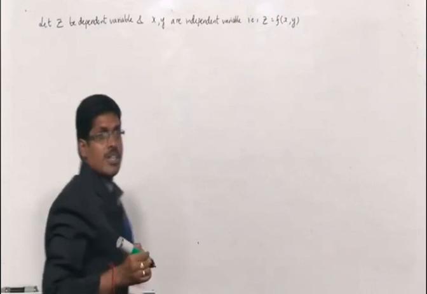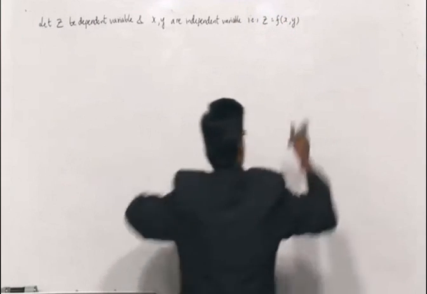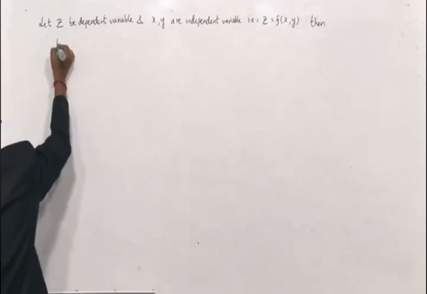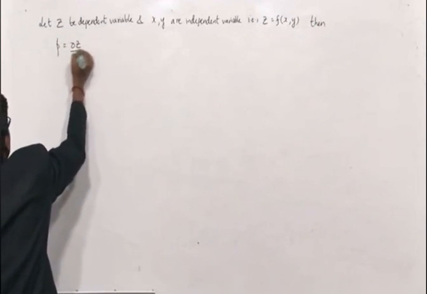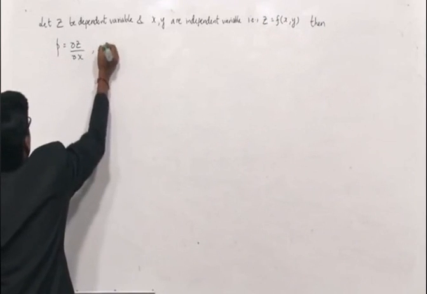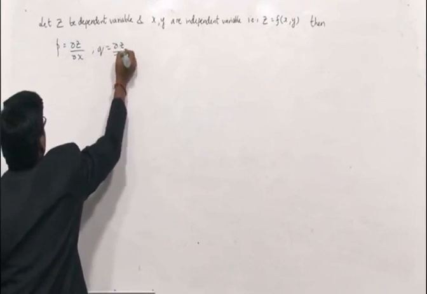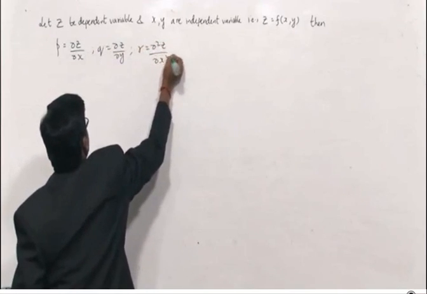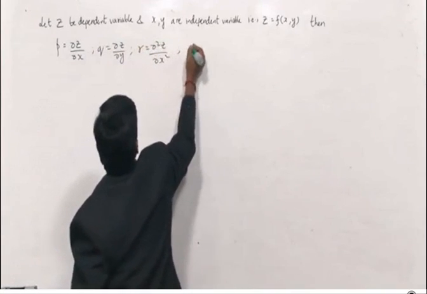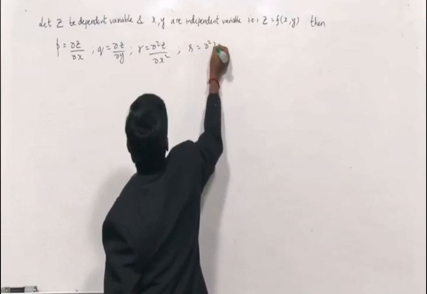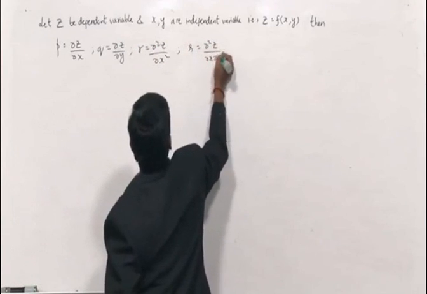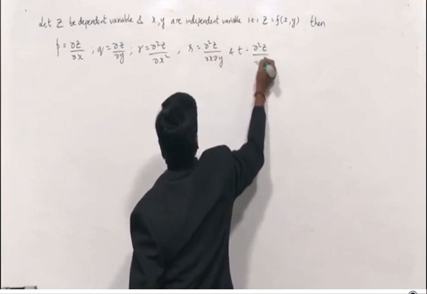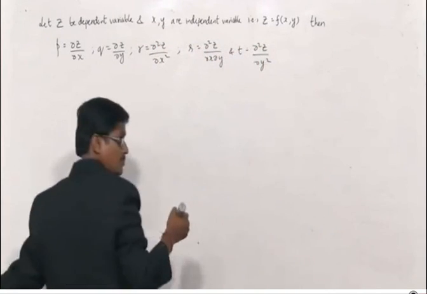Then the following notation is adopted for some problems. Small p denotes del z by del x, small q del z by del y, small r del square z by del x square, small s del square z by del x del y, and t del square z by del y square.